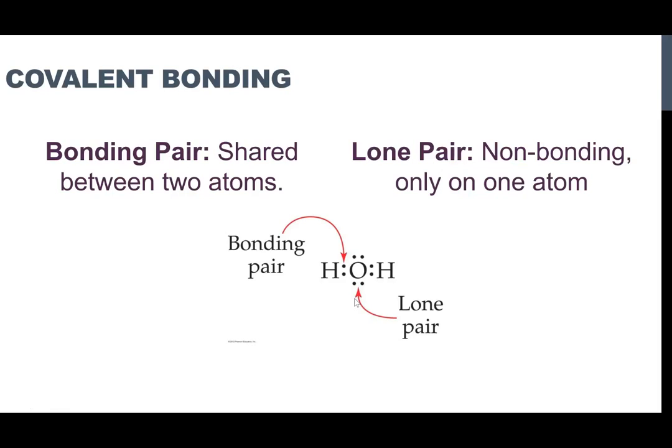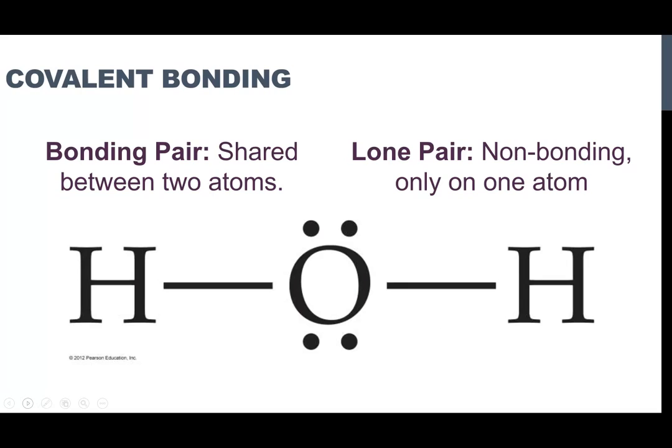Okay, so the other thing I want to talk about is this. Bonding pairs are often drawn or depicted as lines. So you're going to get sick of drawing dots. It's going to happen. And when you start putting these into different programs like Pearson or Chem 101, you're going to start to see bonding pairs drawn as lines.